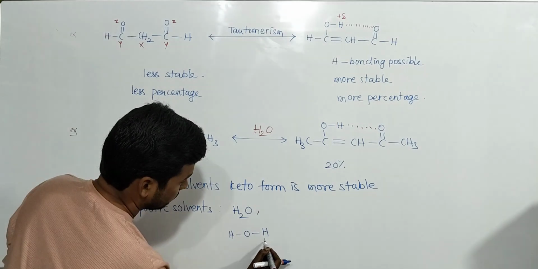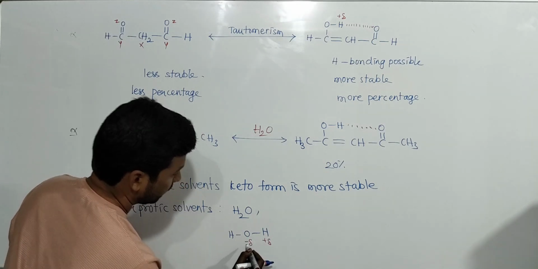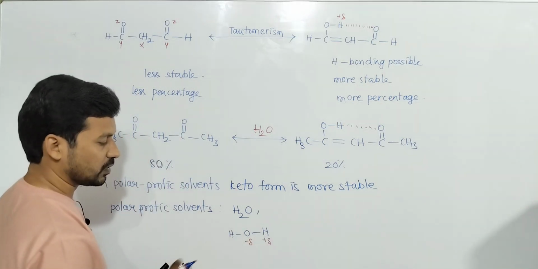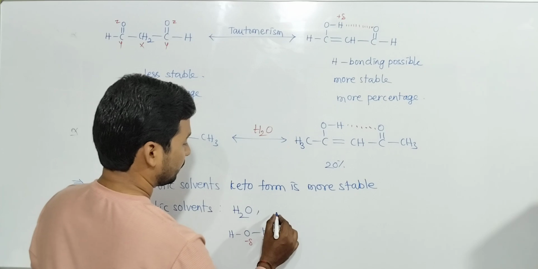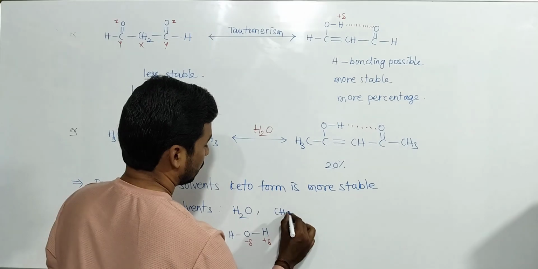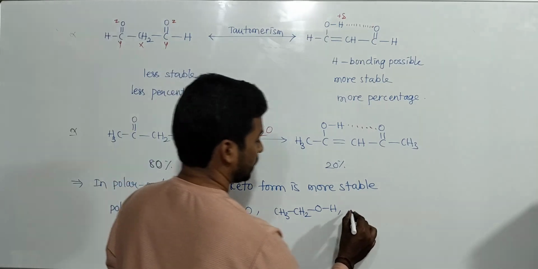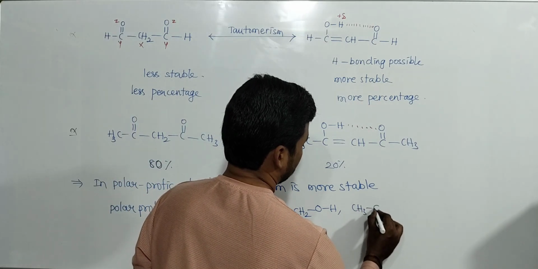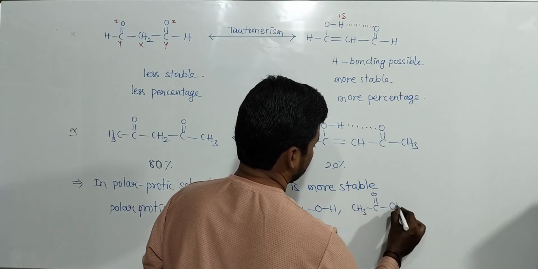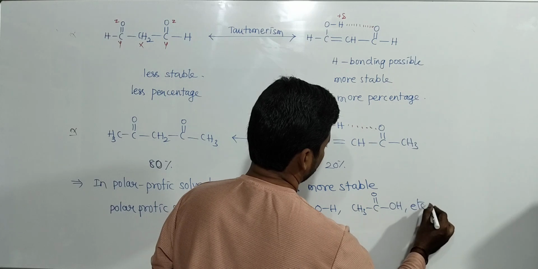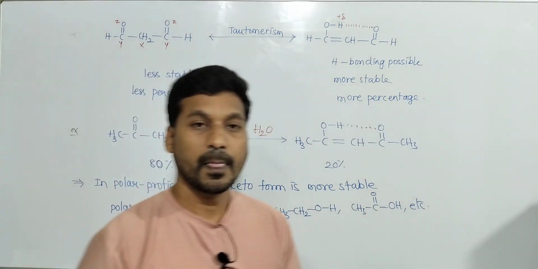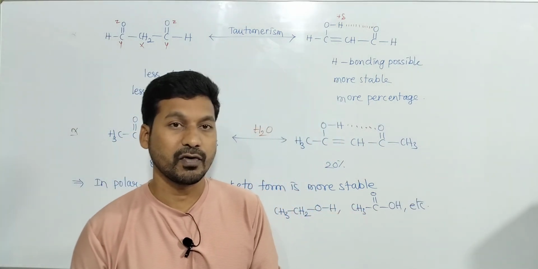Hydrogen is partial positive and oxygen is partial negative. Polar, hydrogen is present, protic: polar protic. CH3CH2OH, ethanol, is also a polar protic solvent. Acetic acid, CH3, C double bond O, OH, is also a polar protic solvent. In polar protic solvent, remember this point, keto form is more stable than enol form.